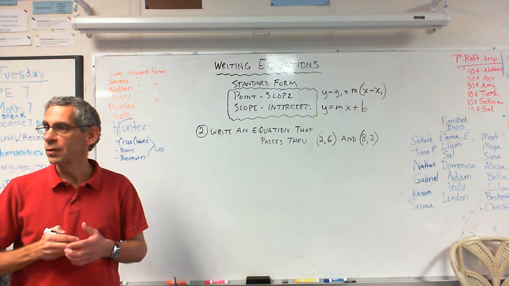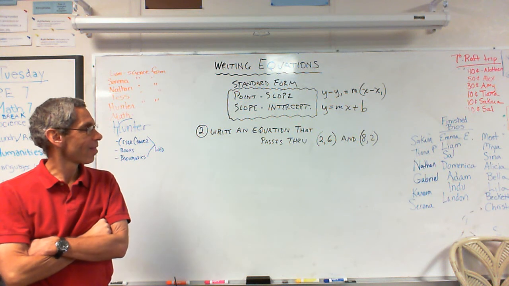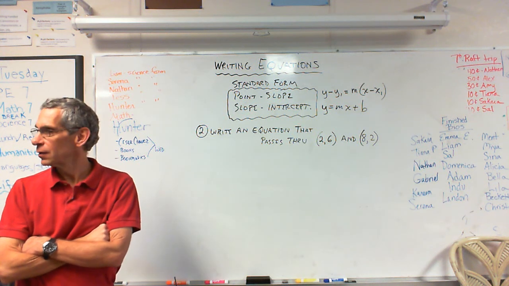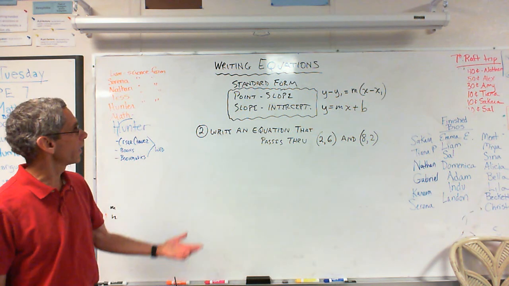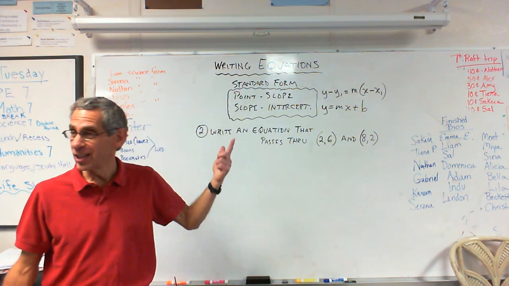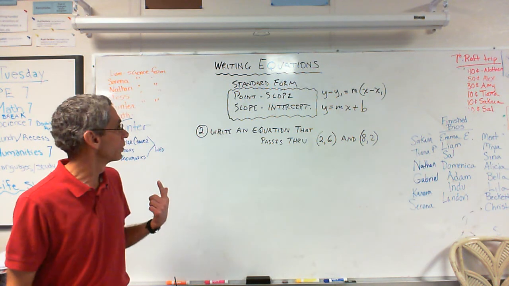Couldn't we do this in standard form? That passes through what? What did they give us? 2 points. But wait, up here it says I need a point and a slope. I don't need 2 points. I only need 1 point and a slope.